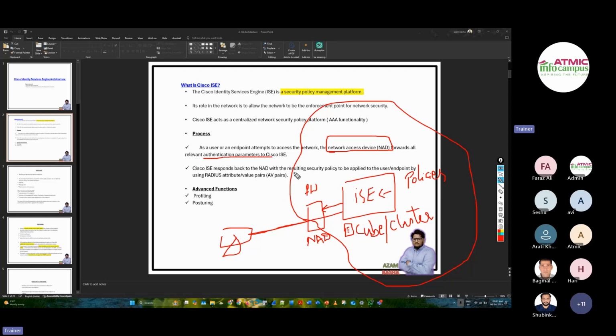ICE responds to the NAD with the resulting security policy to be applied to the user, defined by the RADIUS attributes. In the previous discussion, I said ICE is a combination of RADIUS and TACACS and more. ICE has integrated RADIUS and TACACS features, and it also works based on profiling and posturing. I'm discussing this at a very high level.